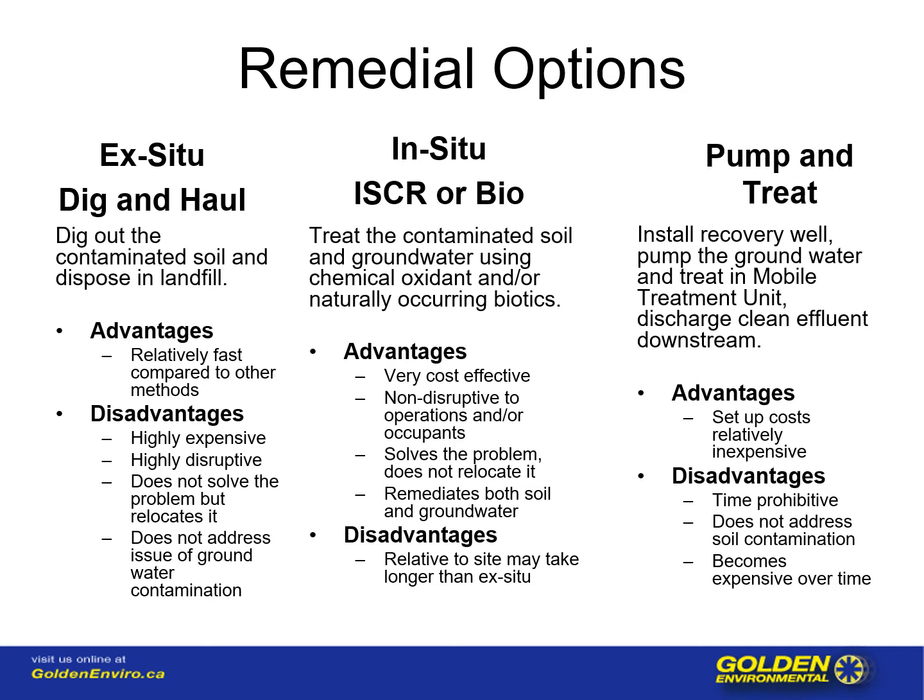Therefore, when one is considering an in situ chemical oxidant or bioremedial process, one must take into account both the soil and the groundwater contamination. At the same time, one must calculate the contaminant oxidant demand, that is, how much oxidant is needed in order to degrade the estimated amount of contaminant in the soil.